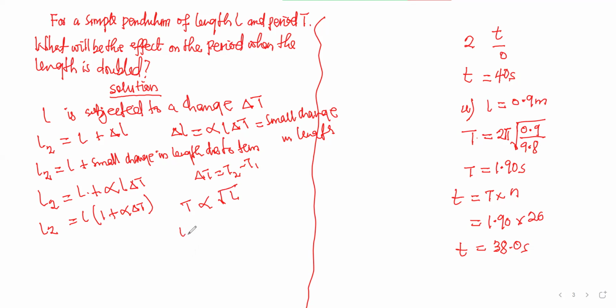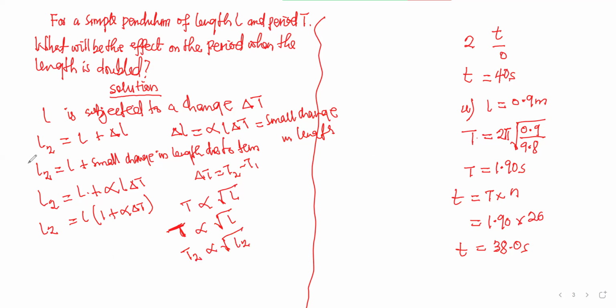So the initial length L would give us a period T which is proportional to root of L, where T and L are the initial period and length respectively. Then when the length changes as a result of the temperature, we have T2 also being directly proportional to the square root of L2.